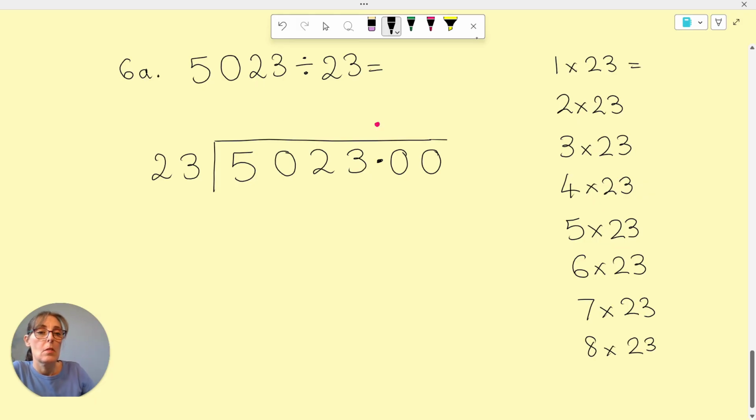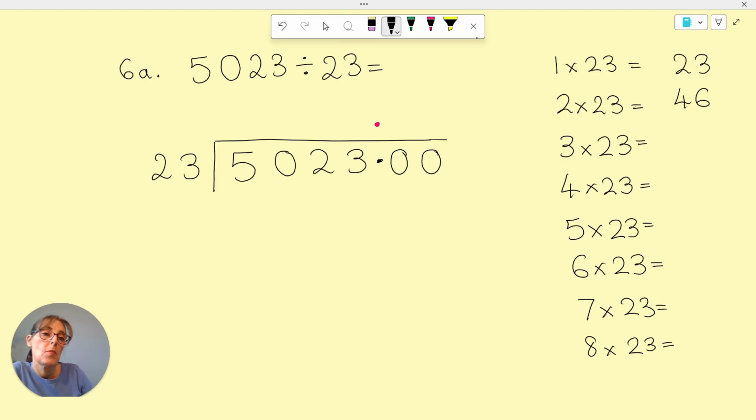So we've got, all right, 1 times 23 is 23. 2 times 23 is 46. 3 times 23 is 2 lots plus 1 lot, because 2 23s add 1 lot of 23 is 3 lots of 23.